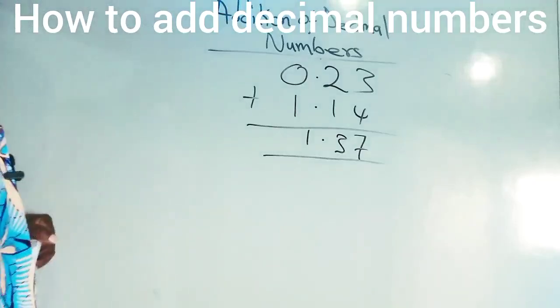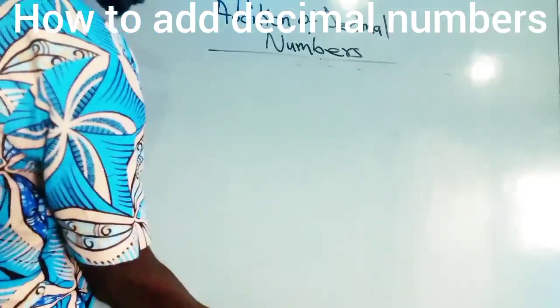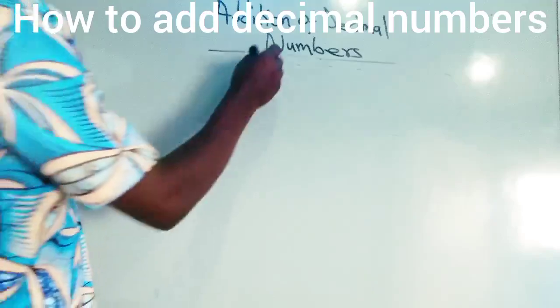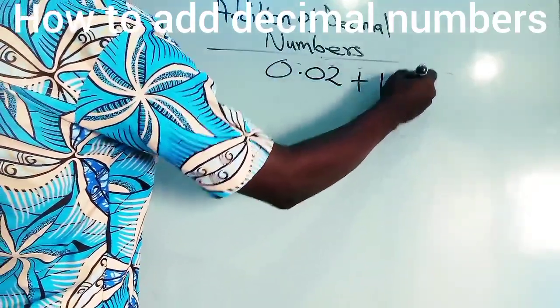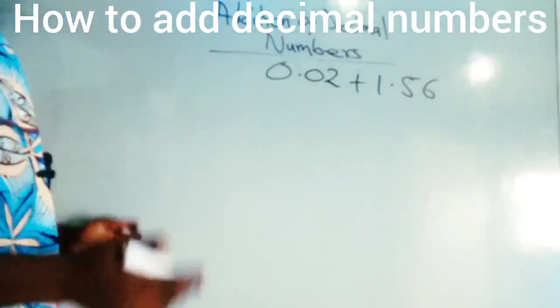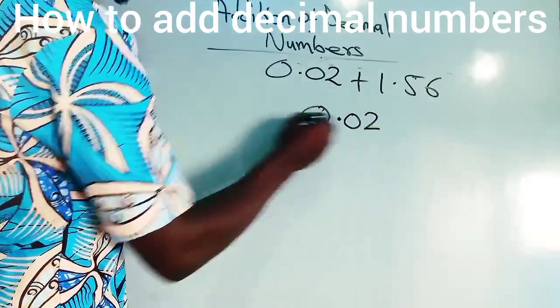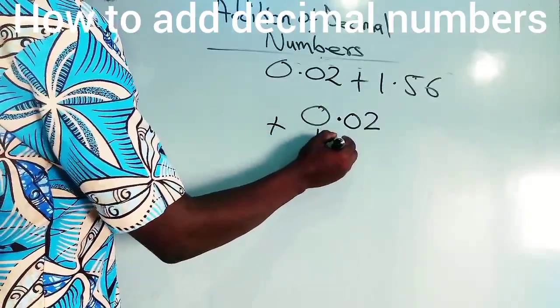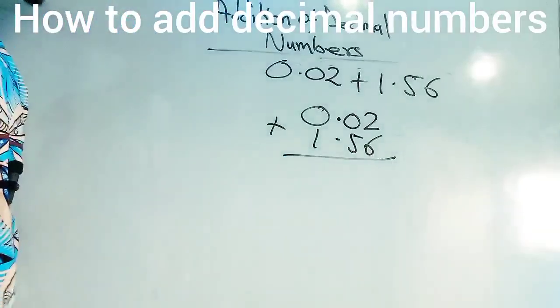Okay, let's look at another example. When you have 0.02 plus 1.56, how do you add them? First of all, let's rewrite them. You have 0.02 plus 1.56. You are adding.